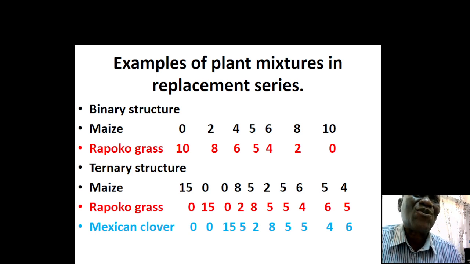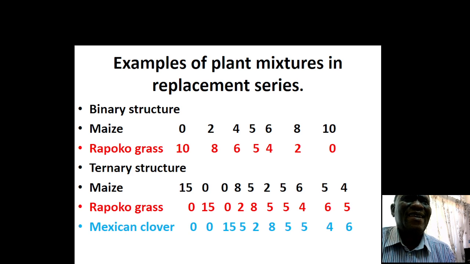Sometimes you can also go up to a ternary structure, but it may become complicated. So in the ternary structure, you have now two weeds, rapoco grass and the Mexican clover. And the total may be 15 maize.